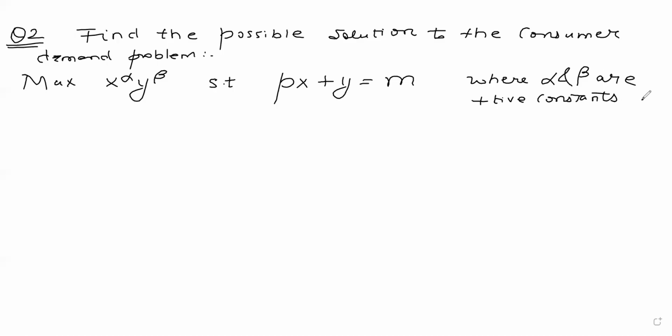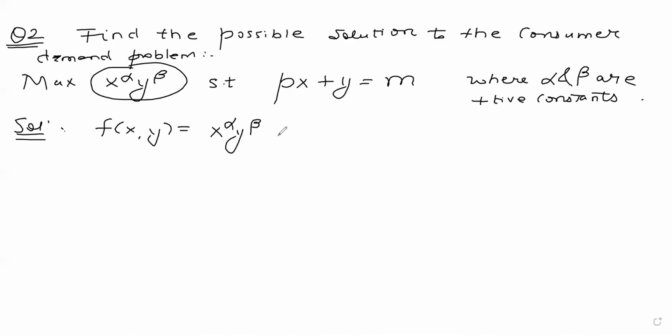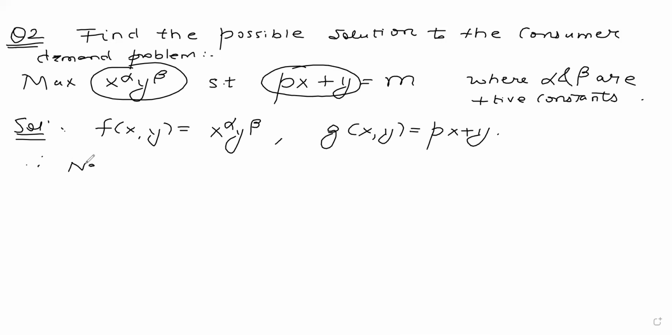Okay, so let's quickly solve this question. So again, all students can clearly see, if I look at f of xy, which is my objective function, it's nothing but x to the power alpha, y to the power beta. If I look at my constraint function g of xy, it's nothing but px plus y. What is my necessary condition?